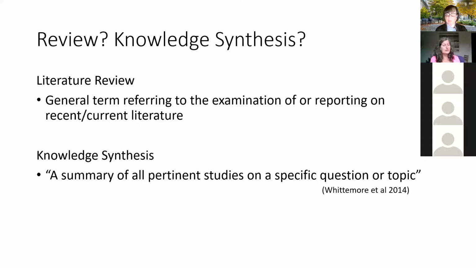Whereas the literature review, which is something that many of us have done in our undergrads or in our grad programs, refers to that examination of the current literature. It's not quite as complicated. It's very important, but it's the summary and the scope of the synthesis that makes it so different, and that we often call the systematic review.